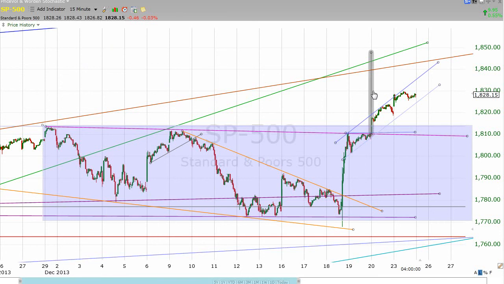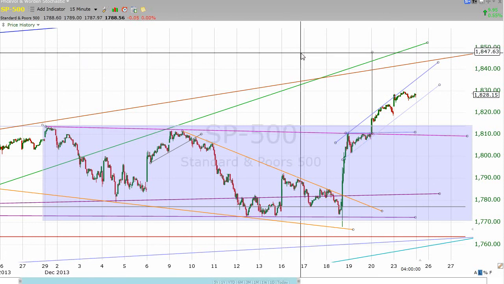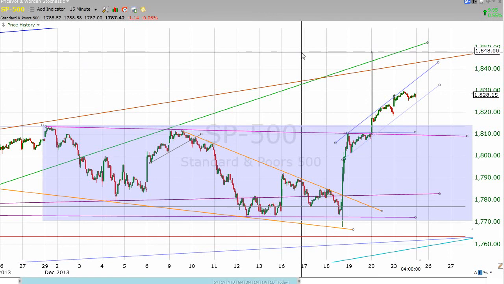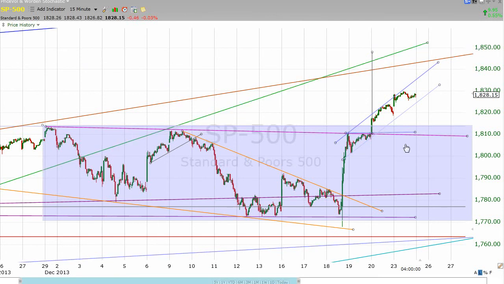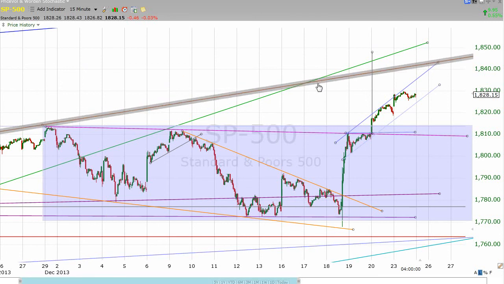Again, how do you get that? Briefly, measure the depth of the pattern. Take that same line, measure the height above the neckline where that broke out, and there's your target. About 1847, maybe 1848.